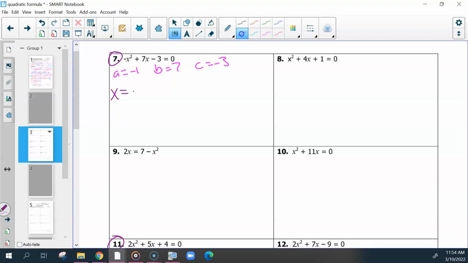So x equals, I'm sorry, I messed this up already. Hold on. X equals -b plus or minus the square root. There we go. B squared minus 4 times your A, which is now -1, times C, all over 2 times A, which is now -1.